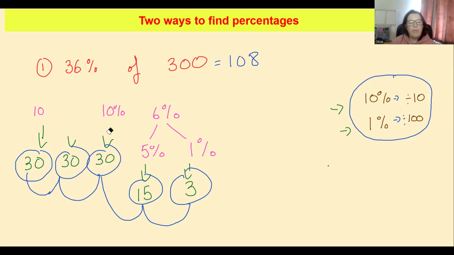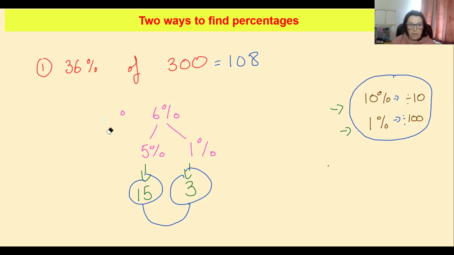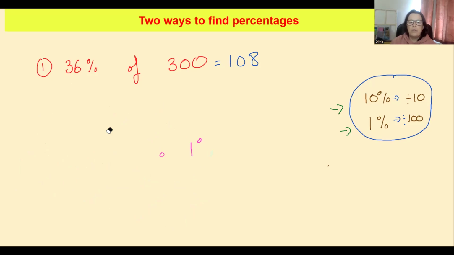But what is the other way of solving this problem? You might prefer to do it this way, but it is really good to know the two different ways. The second way, you will learn how to do this in secondary school anyway. So 36% of 300. What is 36% as a fraction?